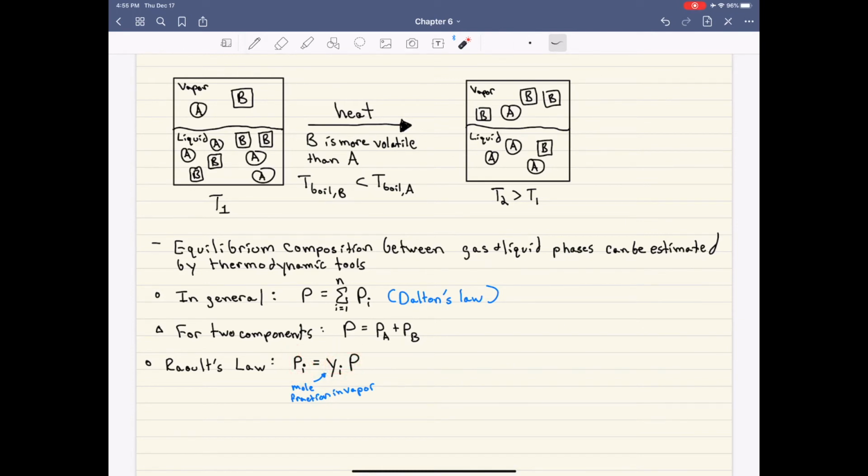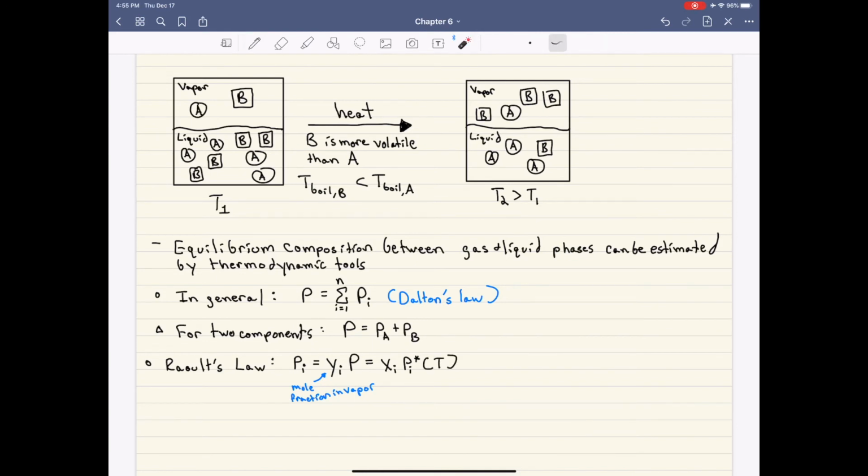Okay? Now the second part of Raoult's law tells us that this partial pressure, this Pi, which is equal to Yi times the total pressure in the vapor phase, is going to be related to the partial pressure of that same species in the liquid phase via this relationship, Xi times Pi star at some T. All right?